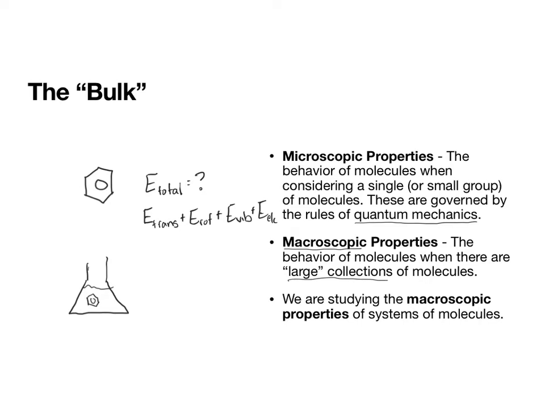This is the behavior of molecules when there are large collections of molecules. And what we try to define, what is hard to define, is what is large. Really, large is a sample that we can see.